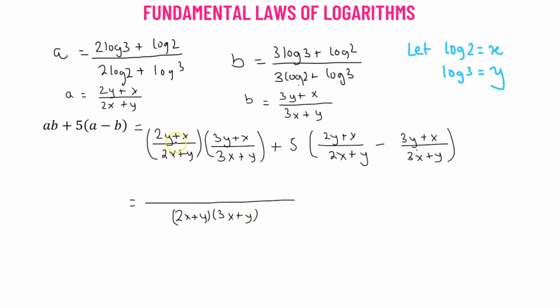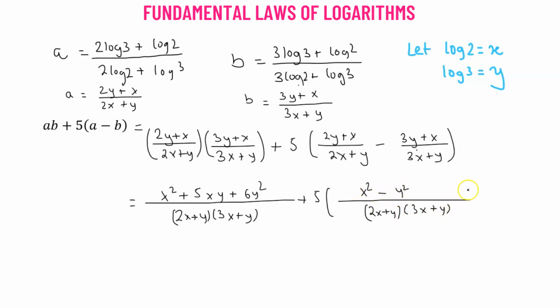When we multiply 2y plus x with 3y plus x, we get x squared plus 5xy plus 6y squared, plus 5 times, and when we combine these two terms, we get 2x plus y multiplied by 3x plus y in the denominator, and in the numerator we have x squared minus y squared.